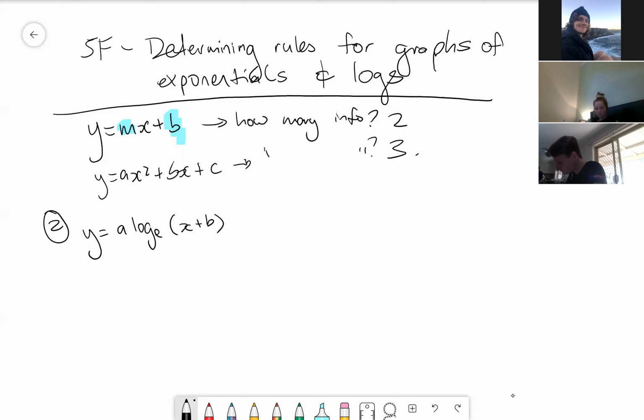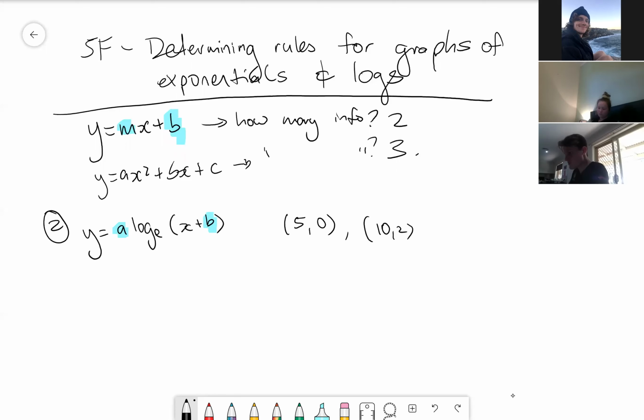First of all, how many variables do we need to find? Well, we've got a and b, so we only need to find 2. And how many points do we have? Luckily, we've got 2 points: 5 and 0, and 10 and 2.